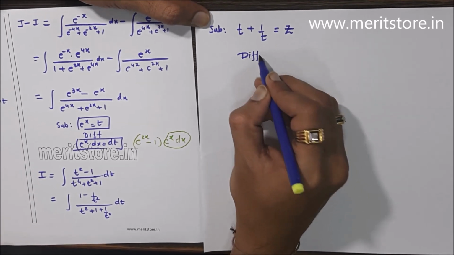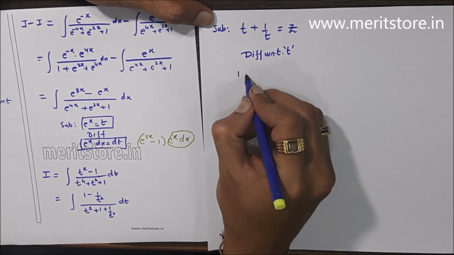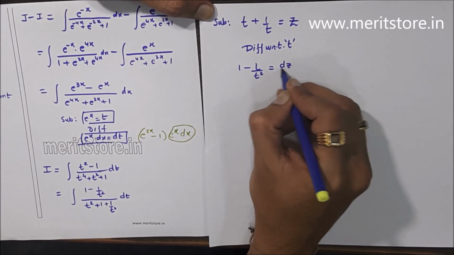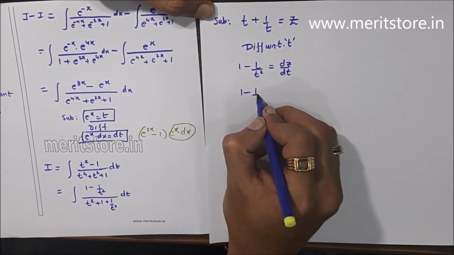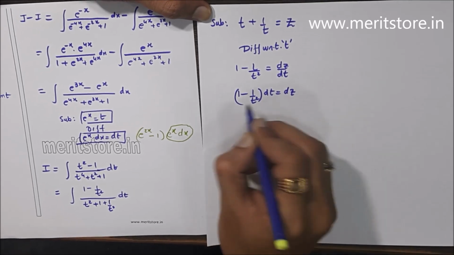Differentiating with respect to t, 1 minus 1 upon t square is equal to dz by dt. So 1 minus 1 upon t square dt is equal to dz.